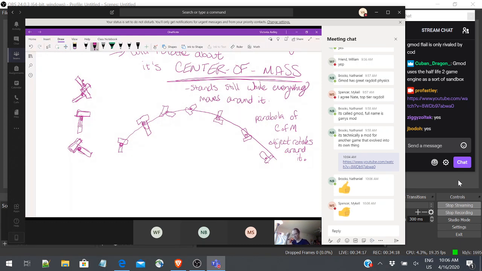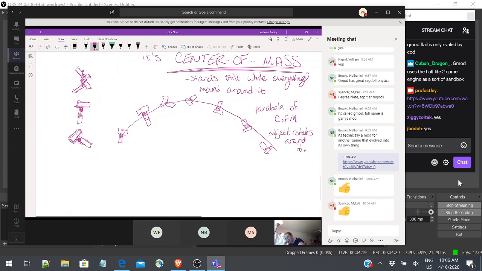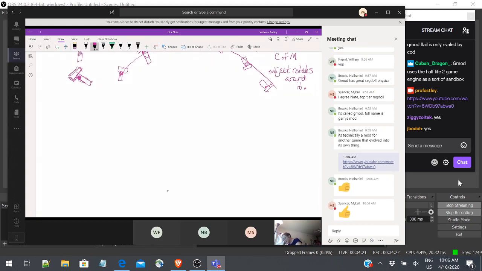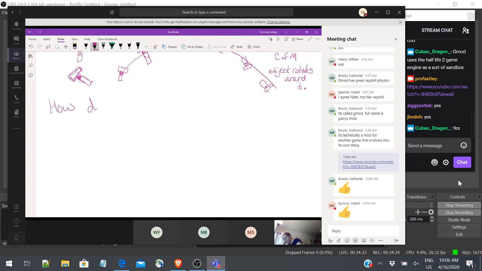Awesome. Great. Okay. So how do we find the center of mass of an object? There's a couple of options.